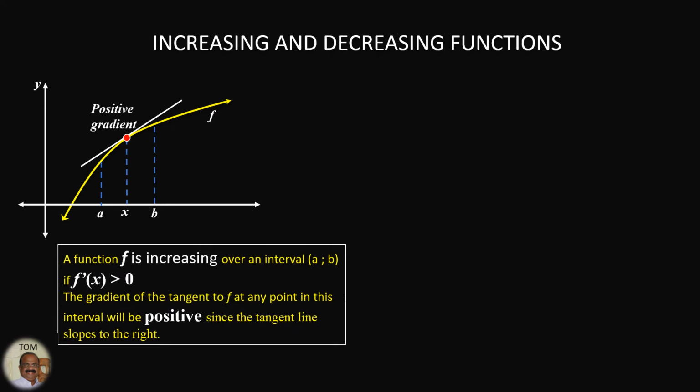Over the interval, what is the interval? From a to b. So, depending on the derivative, calculate the derivative and substitute the x value there. If x equals 3, you substitute 3 and find f dash 3. So we can see if you get a positive number as your answer, then we say the function is increasing in that interval.